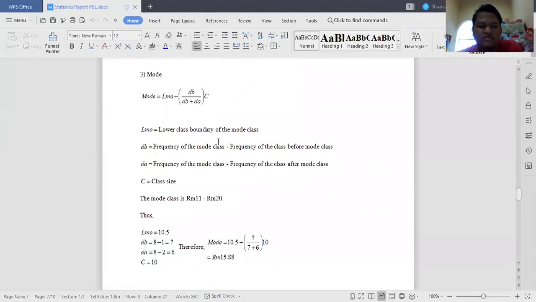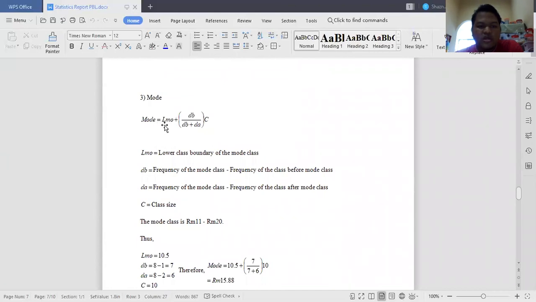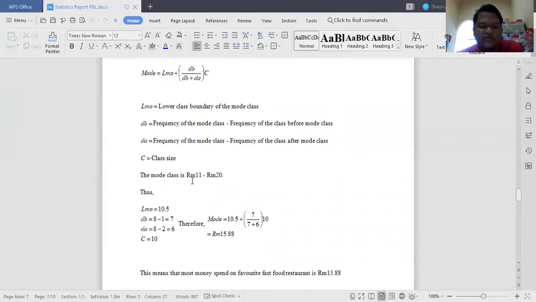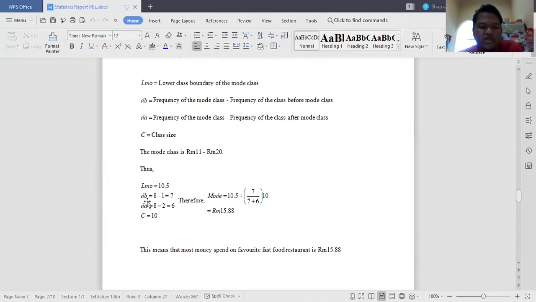The third is mode. Lm is the lower class boundary of the mode class, and B is the frequency of the mode class minus the frequency of the class before the mode class, and A is the frequency of the mode class minus the frequency of the class after the mode class, and C is the class size. The mode class is 11 ringgit to 20 ringgit. The mode class and the median class are the same.